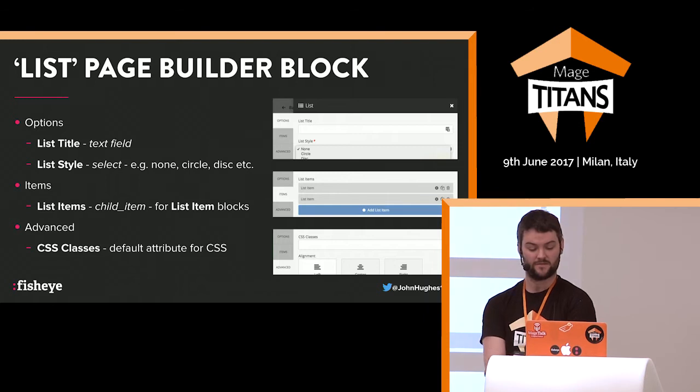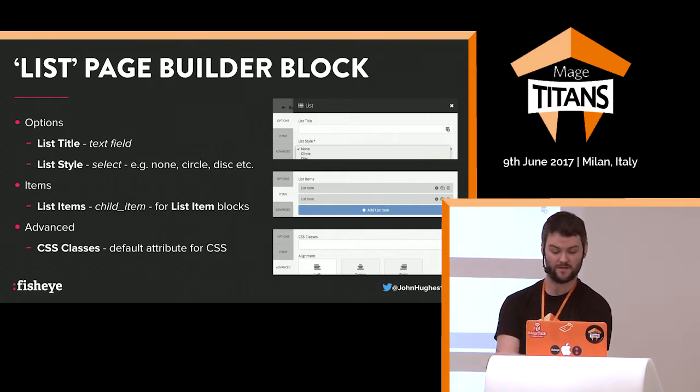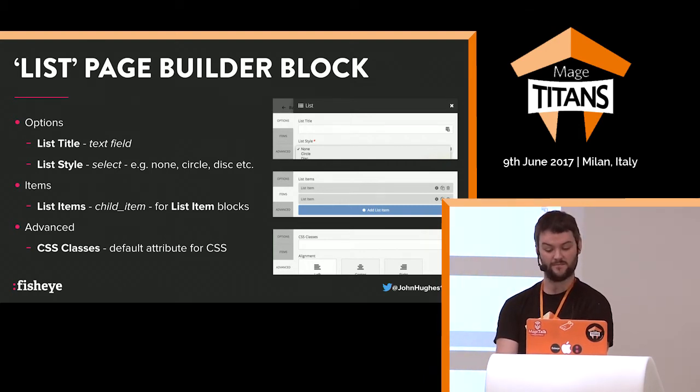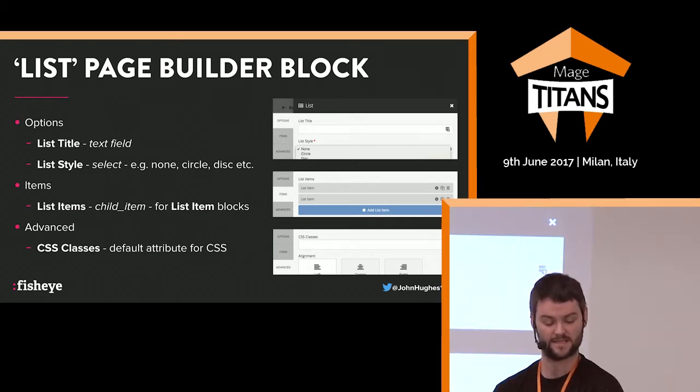Okay, so first off, just a quick overview of the attributes. For our list block, we'll add the following attributes. We've got an options group there with a title and list style in it. We've got an items group with a list items attribute, and this is an attribute we need to contain our child page builder list items block in. And lastly, we have an advanced group where we're putting an attribute called CSS classes.